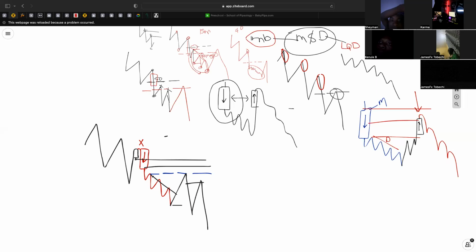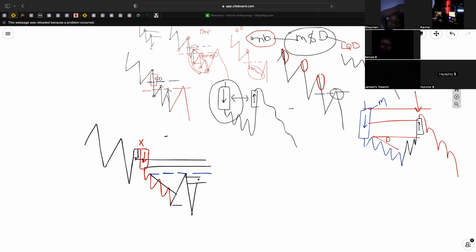You just say you want to sell from here, the market will just sell a little bit, stop you out, then dump. So this is an incomplete pullback, even though it filled 50%.